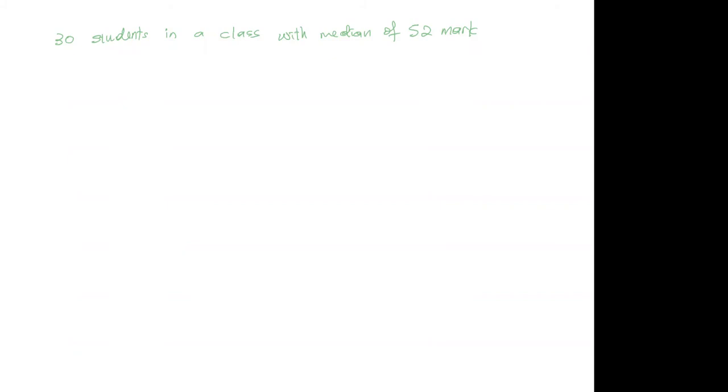Half the class got below 52 marks. Okay. Or equal to 52 marks, and then the other half is equal or more. So when you say half, why don't you give me the number? Half of the students, that is 15. 15 students got below 52 marks.